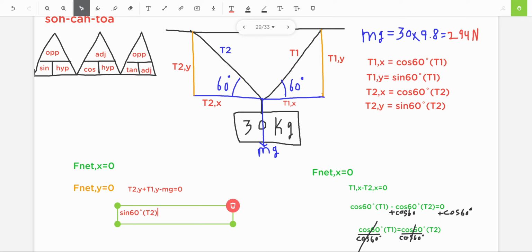This is T2y, plus T1y, so it's sine of 60 multiplied by T1, minus the mg, which is 294, equal to 0.